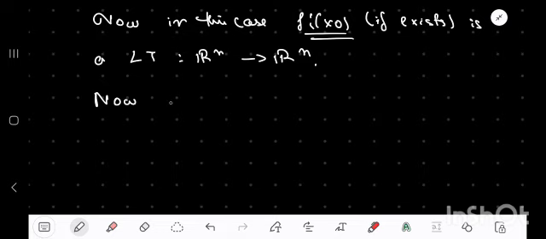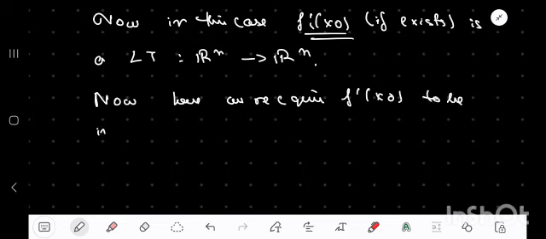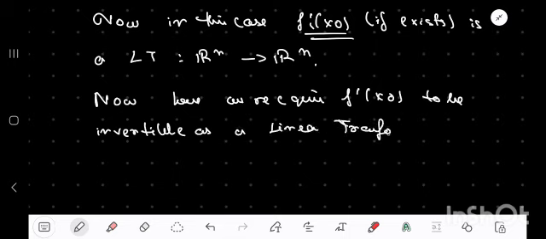Now here, as I said, we require f prime of x naught to be invertible as a linear transformation, and the invertibility of a linear transformation does not depend only on it being non-zero. There are multiple factors required for it.